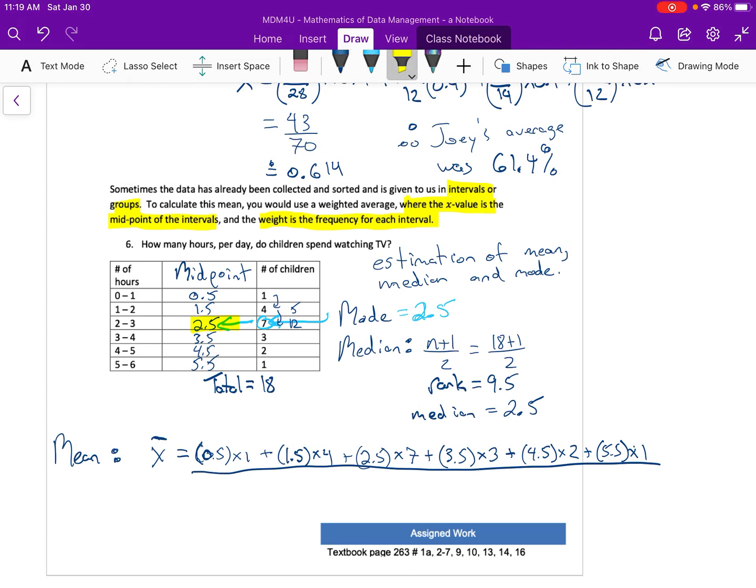And that should always be the adding together of all of these frequencies. So that should equal whatever I put into the denominator, which is 18, which is n. I'll give you a second, you can plug all that in, and what you get, if you want to try it on your own, is approximately 2.72. And so my mean is larger than the mode and median.